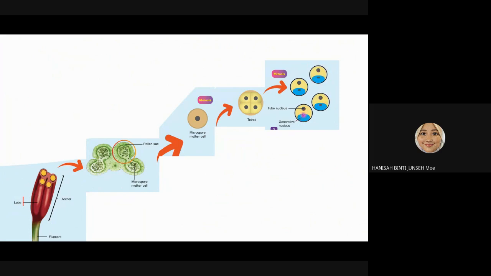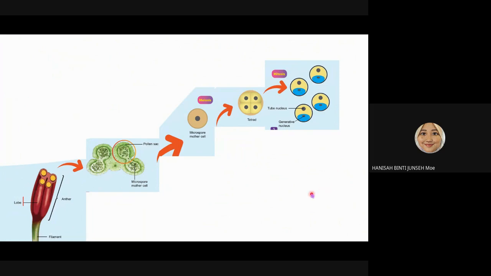Setiap satu nila yang kita panggil pollen grain. Boleh? So actually starting there, kalau kamu mau explain, it starts from microspore. This microspore undergoes meiosis and forms a tetrad. So this tetrad undergoes mitosis and will produce a pollen grain, where each pollen grain has a tube nucleus and a generative nucleus.